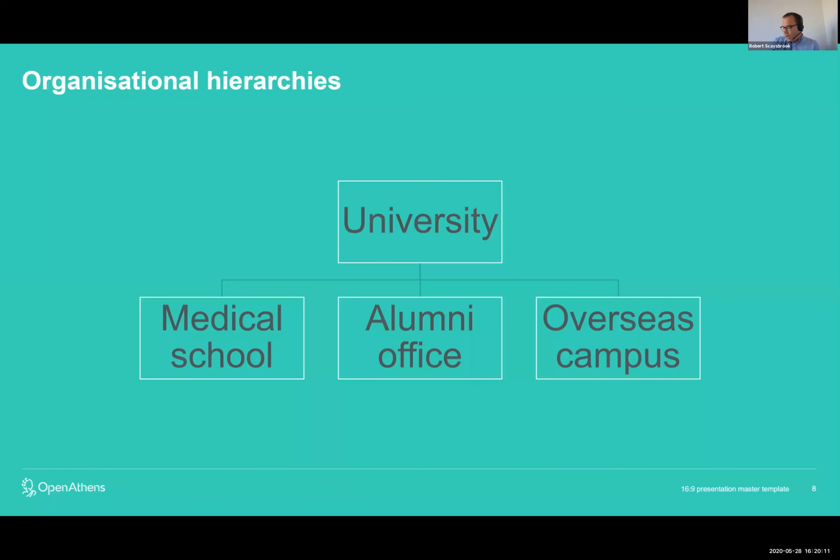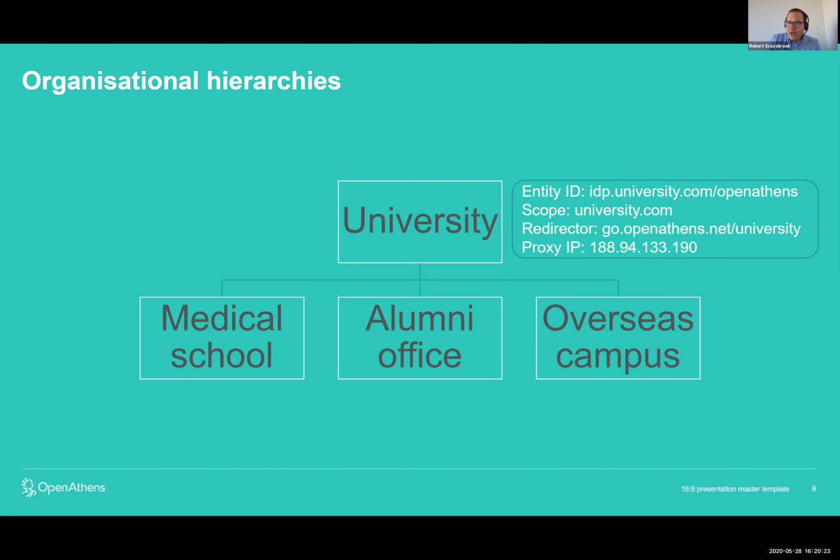And this is something that we've seen a few times previously. A university sits there at that top level. They have a medical school, they have an alumni office, and they have an overseas campus. And right now, typically the top level university account would have their own unique subscriber information in the OpenAthens world. That's the entity ID, the scope, the redirector prefix, the proxy IP.